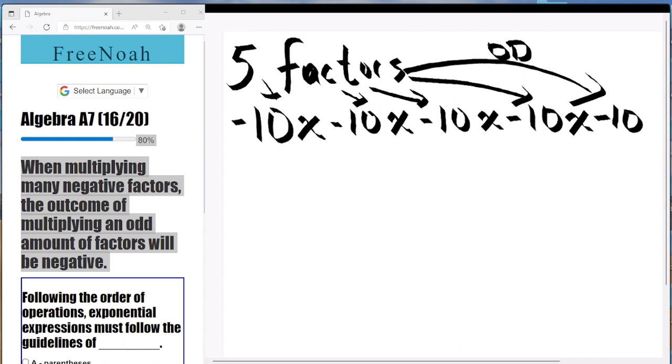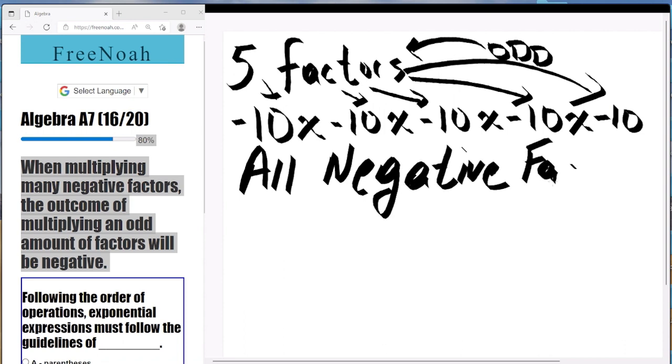We have 5 factors. That's an odd amount of factors, and they're all negatives. Let's see the pattern. All negative factors. Perfect. So the rule is stating that ultimately it's going to come out to be a negative because there's an odd amount of factors.